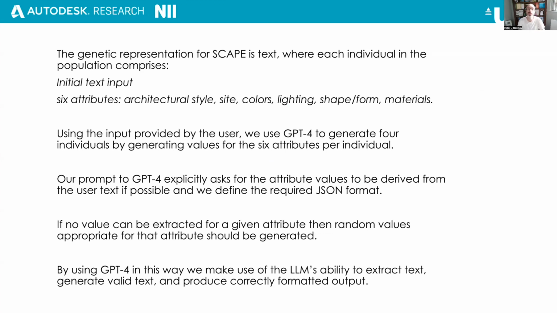It has to derive values of architectural style, site, colors, lighting, shape, form, and materials. So GPT-4 tries to extract suitable attribute values for those from that initial prompt. And if there's no clue, if we don't mention color, for example, it has to come up with a random attribute value. And we ask it to output these values in the appropriate JSON format.